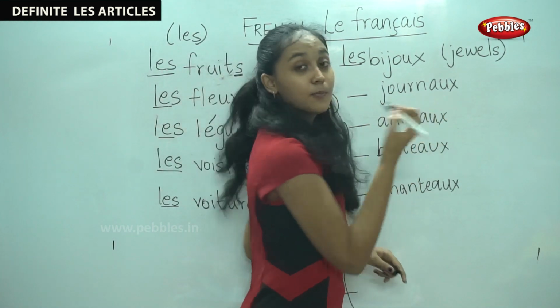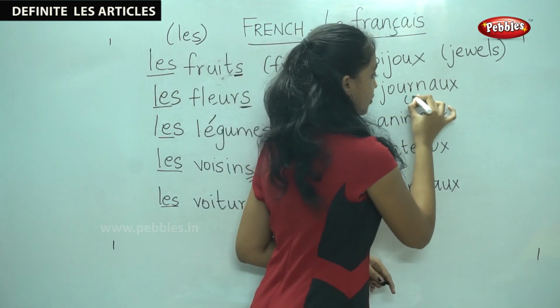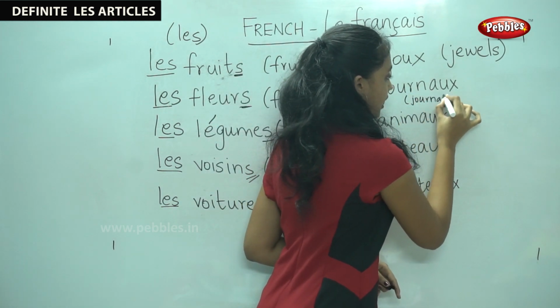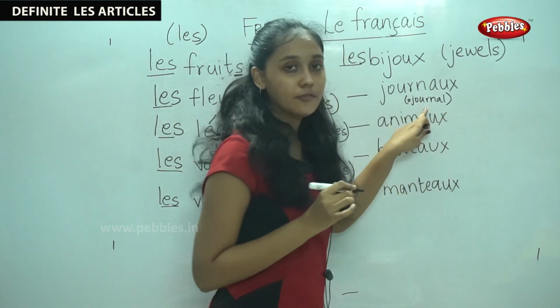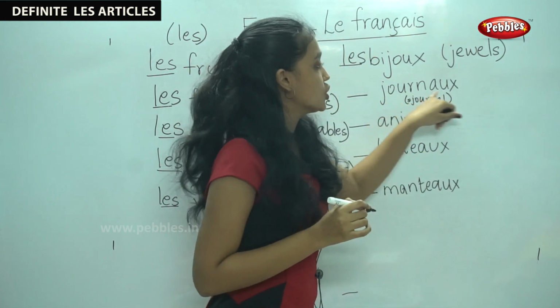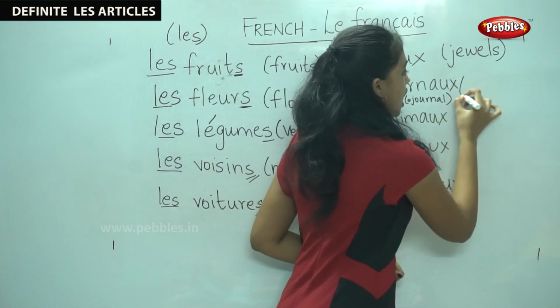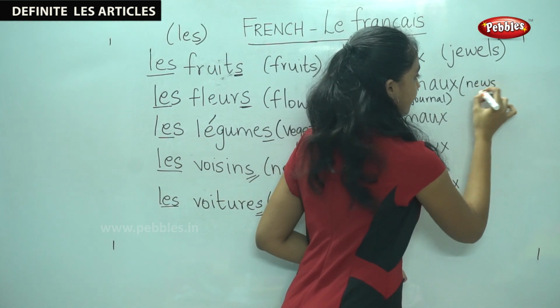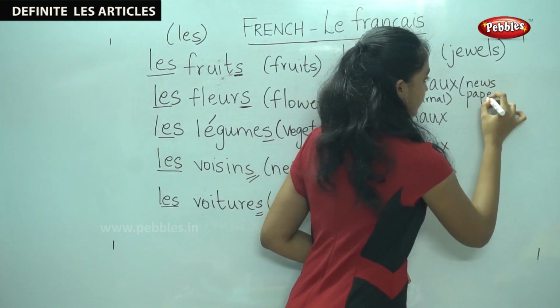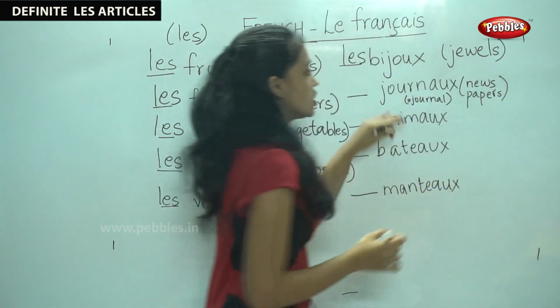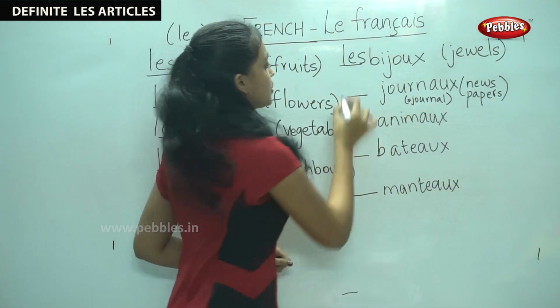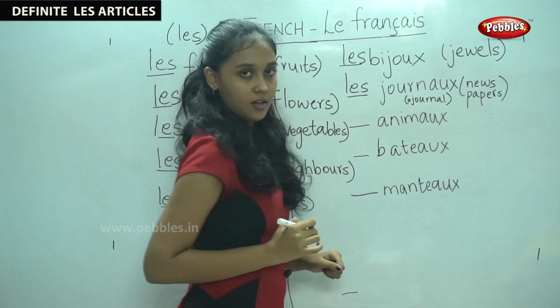Journaux. It is the plural of the singular word journal. Journal is in the singular form. In the plural it becomes journaux. It means newspaper. So, since it is in the plural form, you say les journaux.